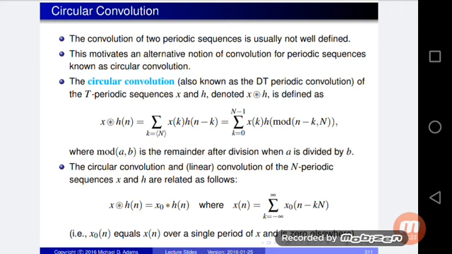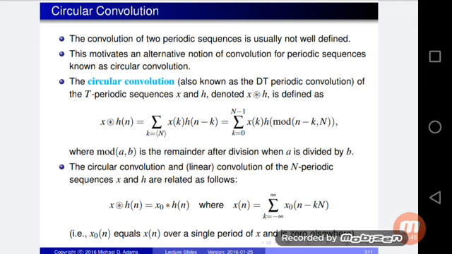The circular convolution is also known as DT periodic convolution of the N periodic sequences x and h.